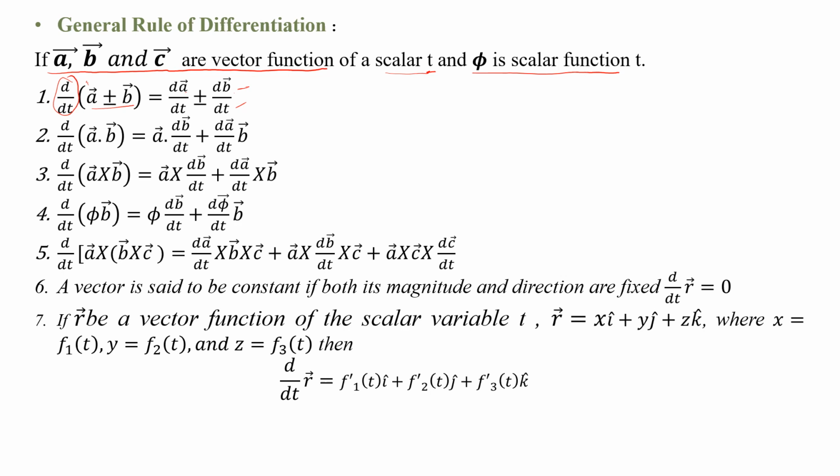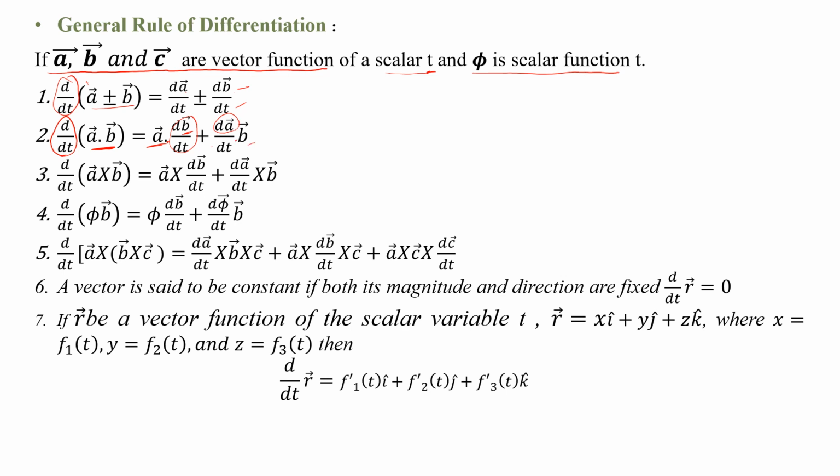Now the second property: if we have the dot product of two vectors and we have to differentiate, we follow the product rule. That is, the first vector a dot the derivative of vector b, plus the derivative of vector a dot b vector.